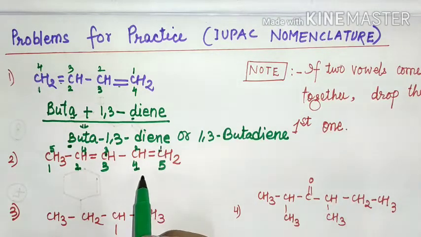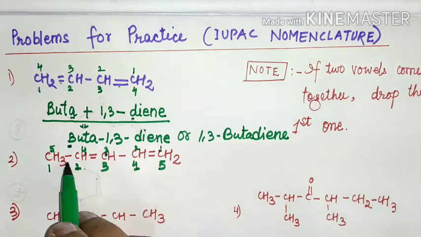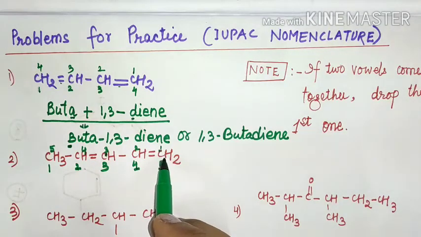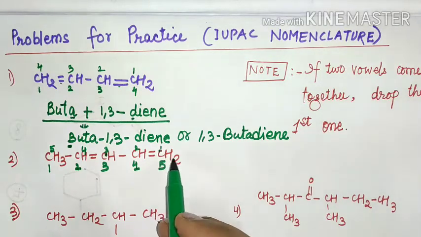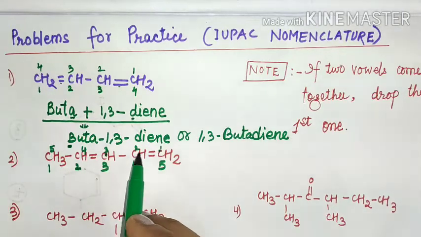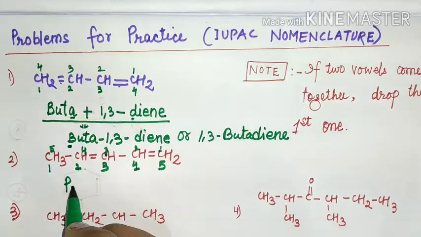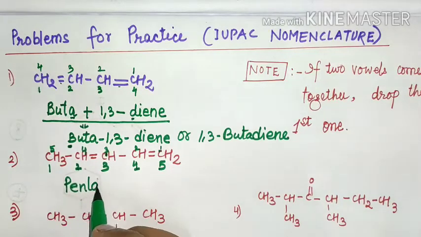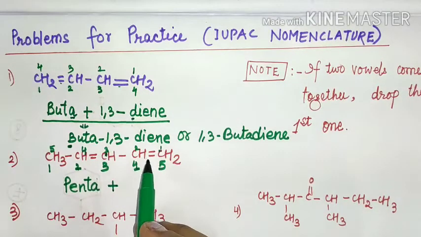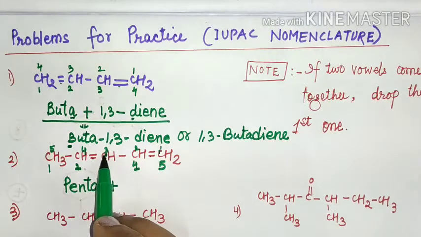After numbering, we have to write the IUPAC name of this organic compound. Secondary prefix is there? No substituent. Primary prefix? No. We have to write the word root. For this compound, 5 carbon atoms means we will write penta. Plus, there are 2 double bonds, at position number 1 and position number 3.